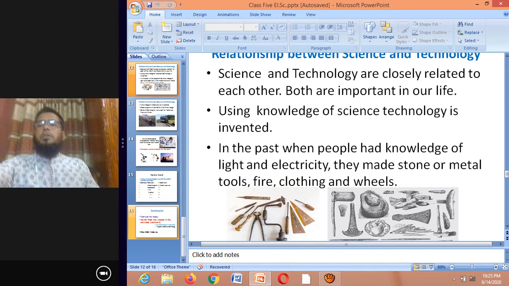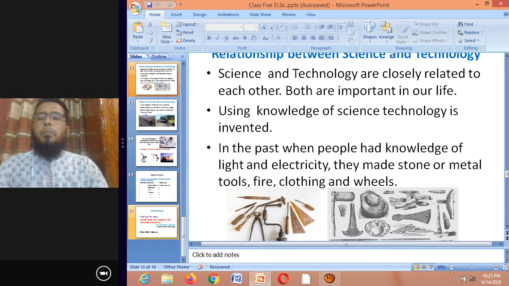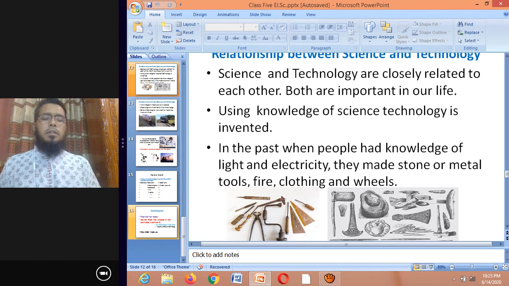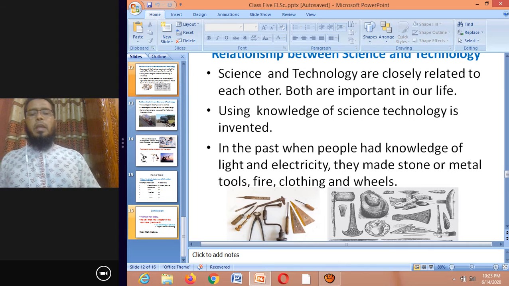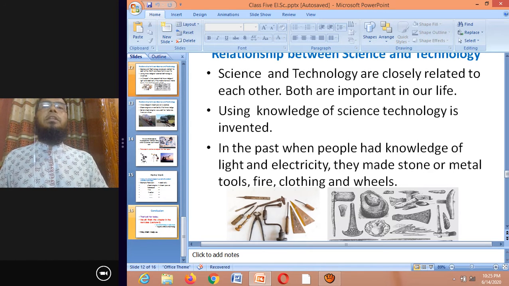In the past, these weapons were used frequently. In the course of time, science has developed, and every tool also has changed. So actually, in the past, science and technology did not have a deep relationship.